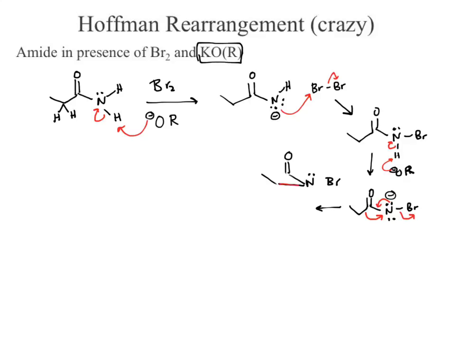And then our new bond there, new bond here, and our bromine is kicked off as a negative charge. Everybody see that? So nitrogen shared a pair of electrons to make a pi bond to the carbonyl carbon. That carbon then has too many bonds, so we have to break a bond.